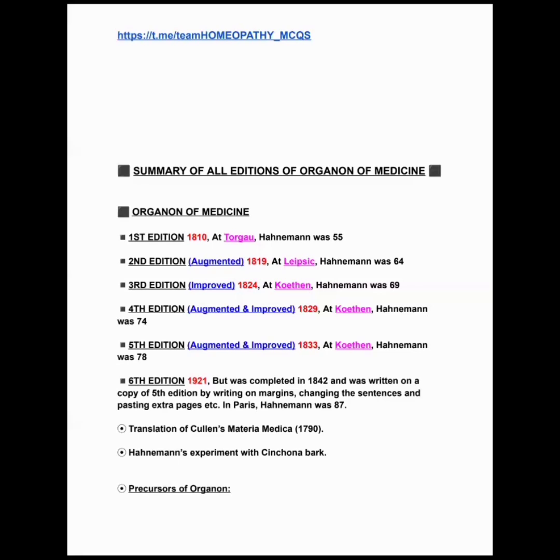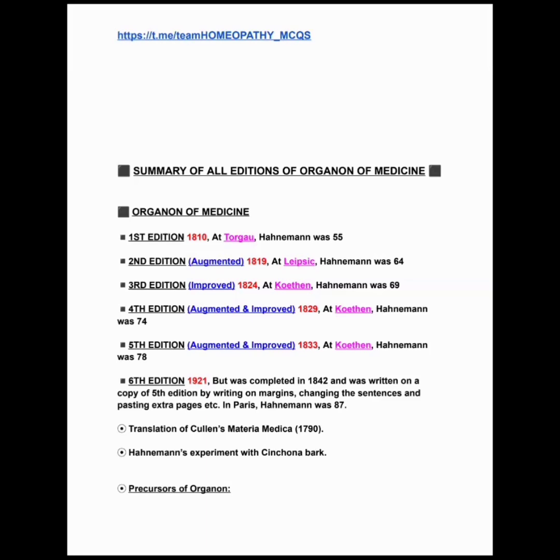Hahnemann was 55 years old at that time. Second edition, known as Augmented Edition, it was published in 1819. This published at Leipzig, and Hahnemann was 64.